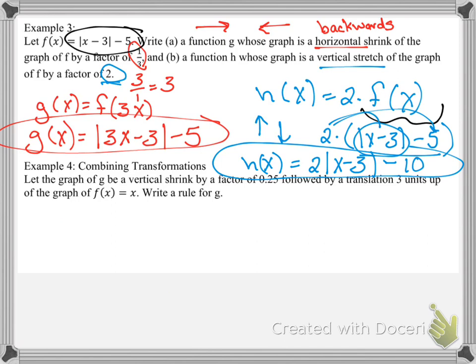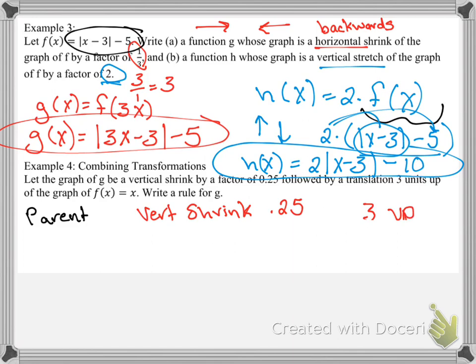We're going to do 3 different columns. We'll have our parent, and then a vertical shrink by 0.25, and then 3 units up.